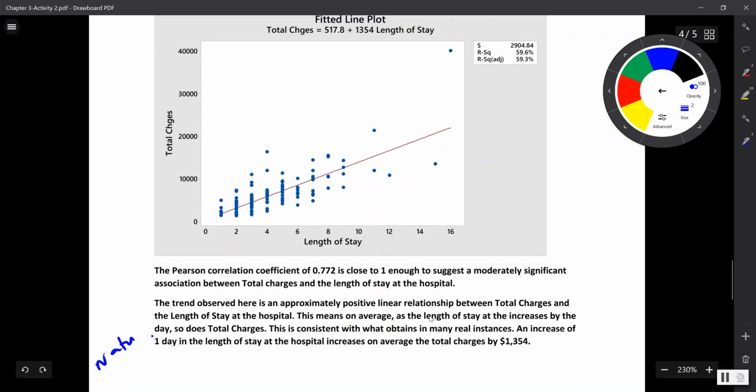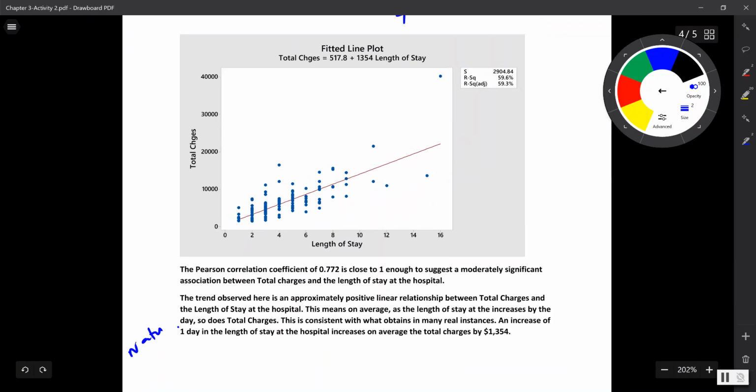Now, what does this mean? The trend we see here is approximately a positive linear relationship. Positive in the sense that it has a positive slope. Remember, raising up your right hand, it looks like this. This indicates a positive slope. Raising up your left hand will be a negative slope.